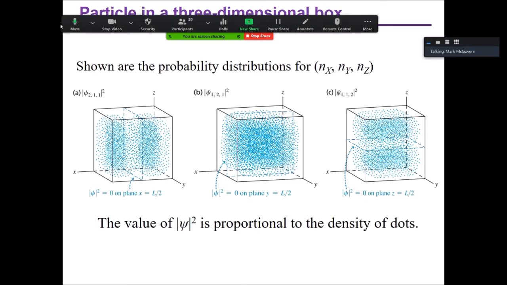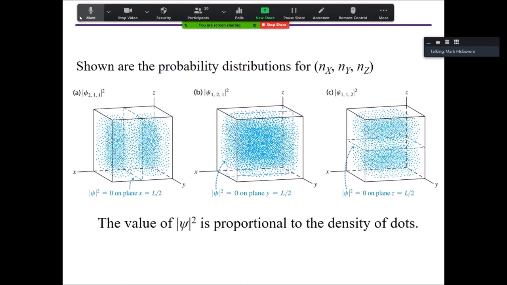These are some solutions, with different quantum numbers for nx, ny, and nz. So for this particular solution on the far left here, the quantum number for x is 2, and then 1 for y and 1 for z.